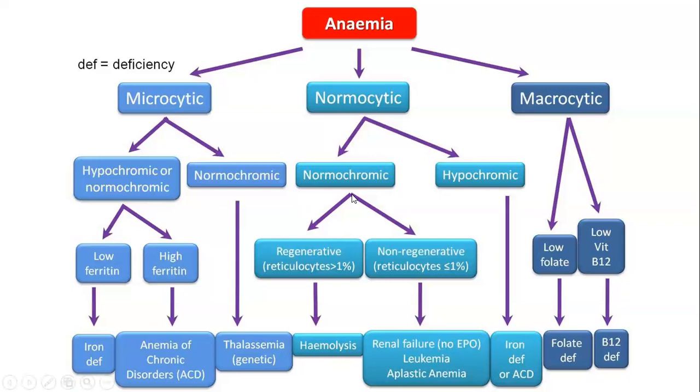If it is normochromic, regenerative, reticulocyte count more than 1%, it is hemolytic. And non-regenerative means reticulocyte less than 1%: renal failure, leukemia, or aplastic anemia.